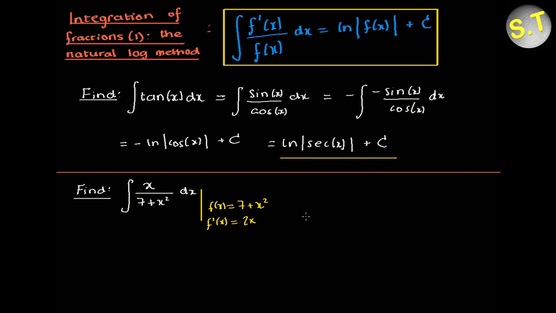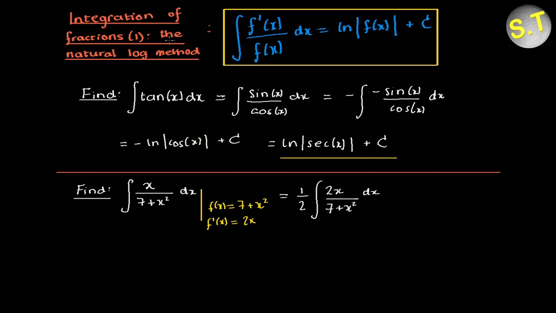So it's almost in the format that we desire, however there's a 2 on top here. So we need to place a 2 on top of here. And in order for us to do that, and for these two things to remain the same, we need to add a half in. So as you can see here, these two expressions are exactly the same.